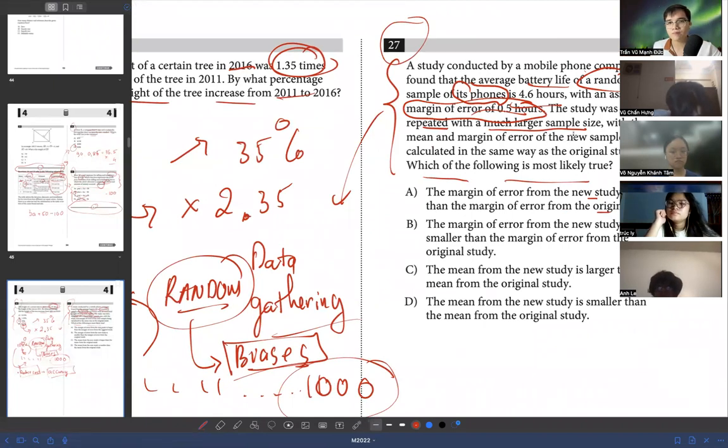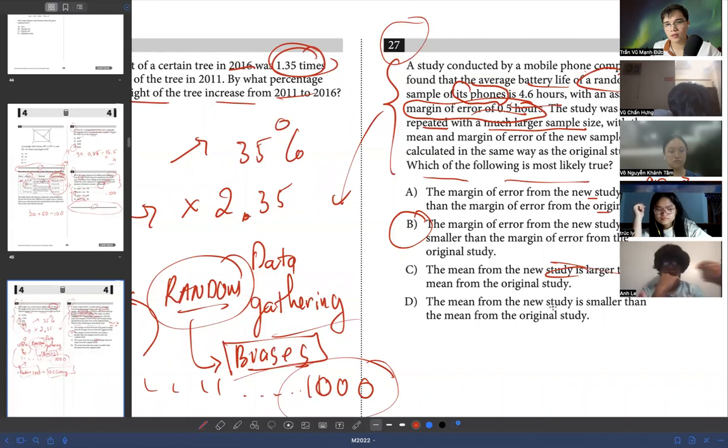All right. So the margin of error of the new study is smaller. New is smaller, and the original is bigger. The new study is smaller. Okay, larger. The new study is larger is wrong. New study's mean is also wrong.